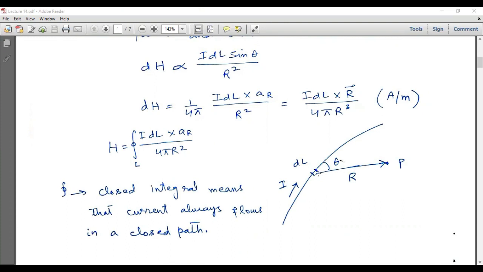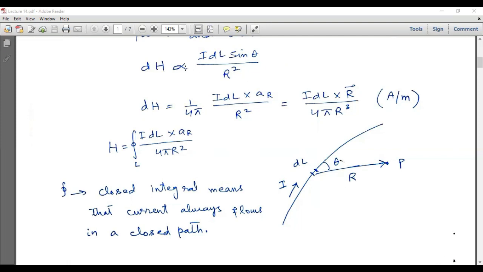So r is the vector between this differential length dl and this point P. The sine of this angle will be involved in this expression, and the magnetic field intensity at this point is inversely proportional to the square of this distance. This distance is r, so it is inversely proportional to r square.